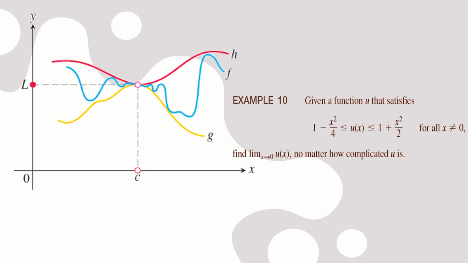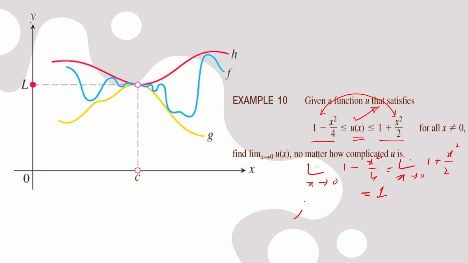For example, if you want to find the limit of this function u of x, whichever form this function has, it could be very complex, right? But we know the limits of these two, and we know that u of x lies between these two functions. So in this case, the limit as x goes to 0 of 1 minus x square by 4, and the limit as x goes to 0 of 1 plus x square by 2, both of them are equal to 1.